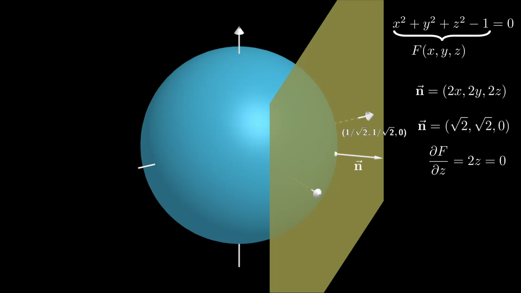This third component, the k component, the component in the direction of the z-axis, which is equal to del F del z, is equal to 2z. And this one is equal to 0, which means that our normal vector has a 0 third component, or a 0 k component. That's why the tangent plane is indeed parallel to this axis, similar to the 2D case.